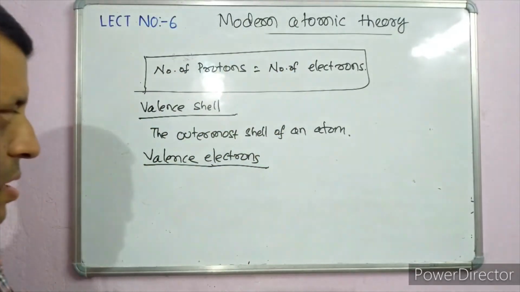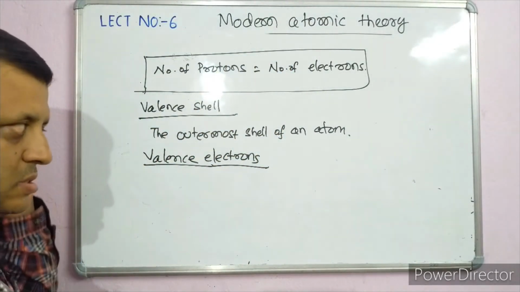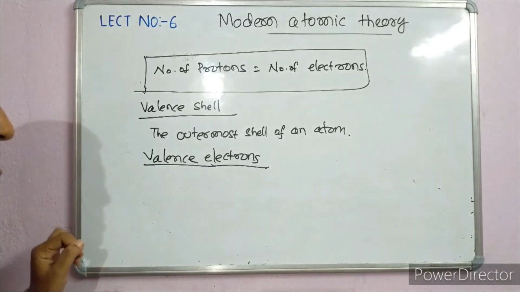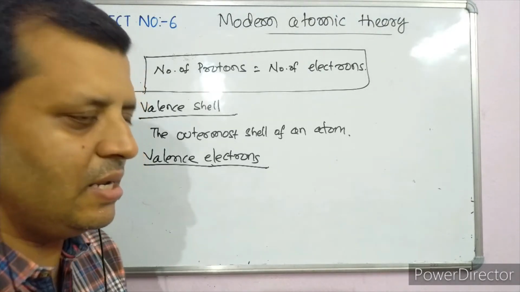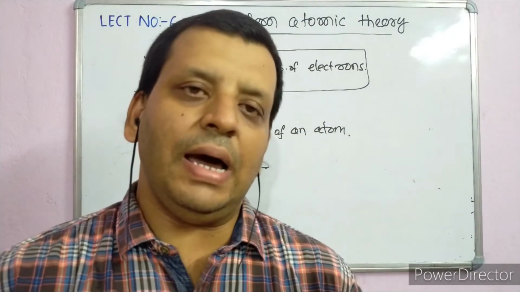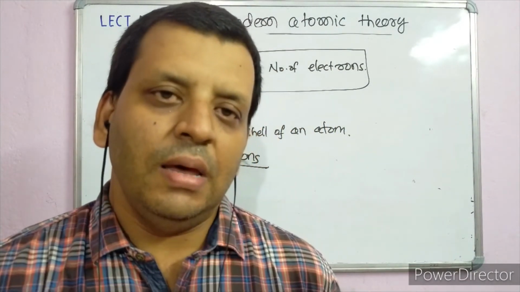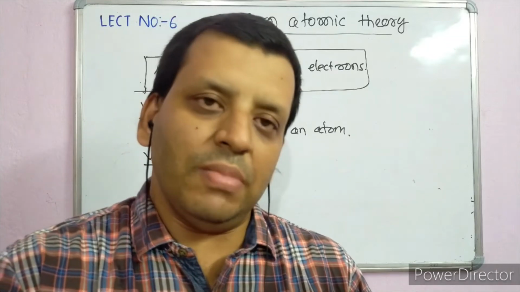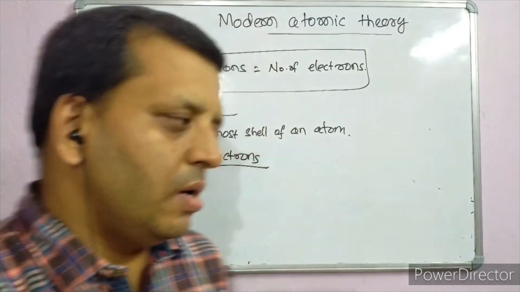Okay my friends, then what do these valence electrons tell us? We have studied that the valence shell of an atom can contain a maximum of 8 electrons.